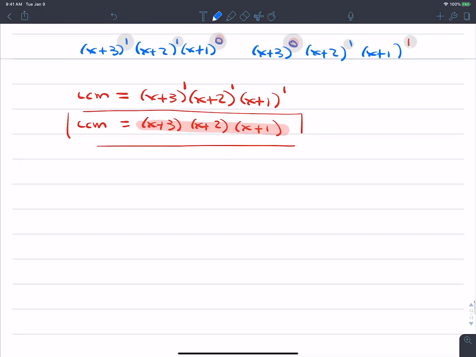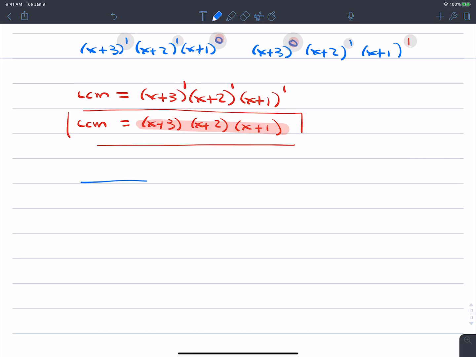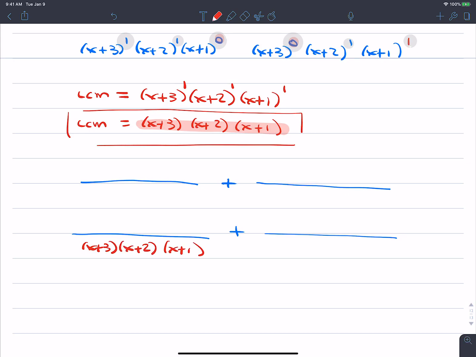So now we do our setup. Fraction plus another fraction. The LCM goes down here, which is x plus 3, x plus 2, x plus 1, for both.